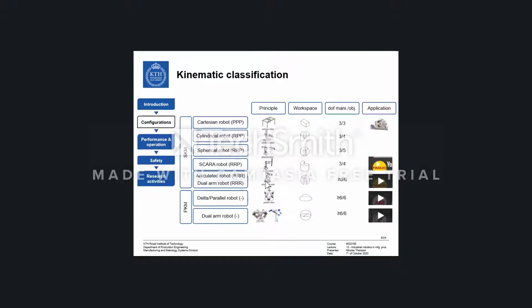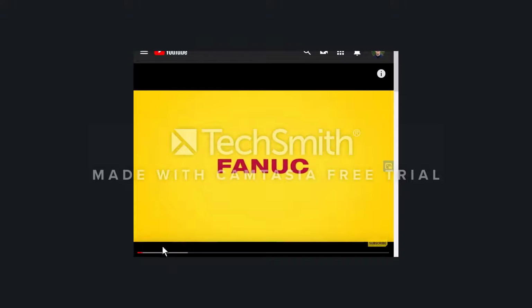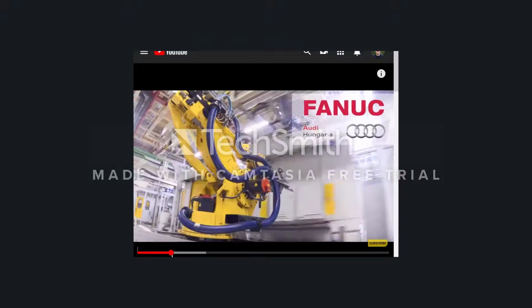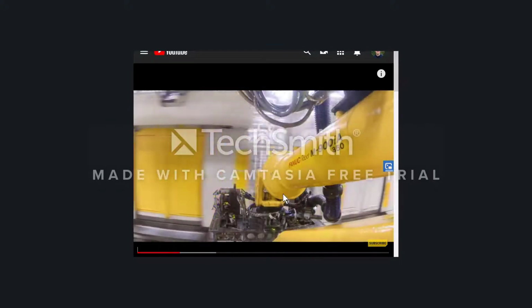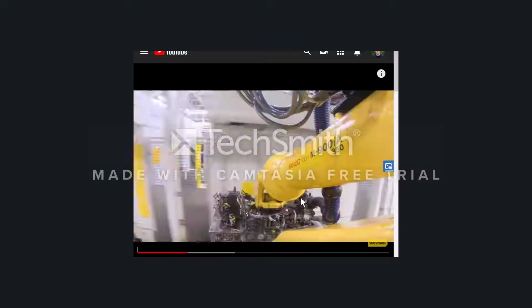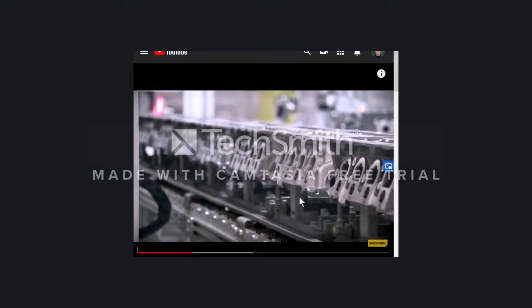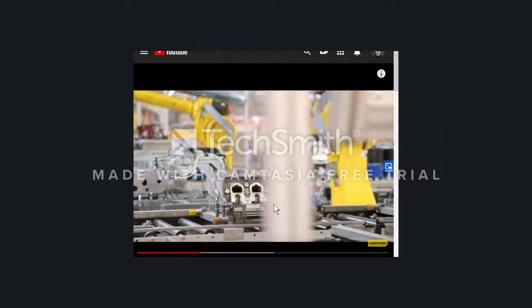Let's have a look at the application video of articulated robots. As aforementioned, the systems are multi-purpose and they have 6 degrees of freedom, which actually shows in this application video, where robots are used throughout major parts of the manufacturing process of cars.